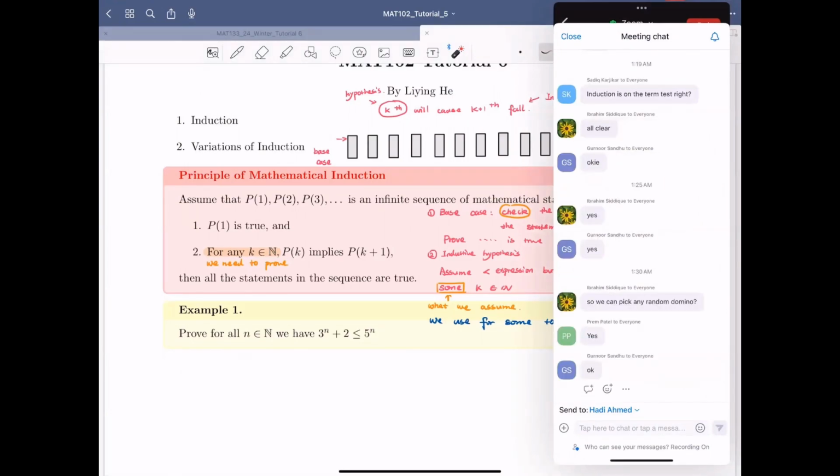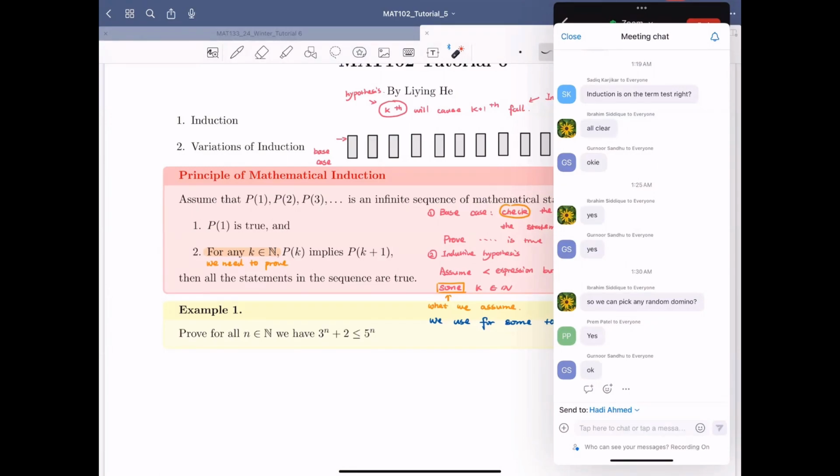Yes, you pick any random one. It's because I picked an arbitrary one that it can prove for all. I didn't pick a specific one, like the 5th one. I said, let's pick the kth one, where k is just a random natural number. It could be 1, 2, 3, 4, anything. But no matter which specific k I pick, it should always work.